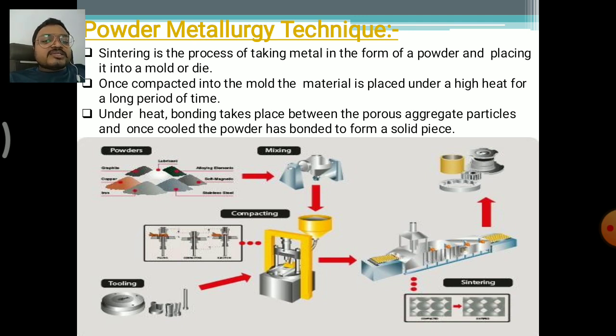Then by applying some heat on the compacting die, it is molded into the basic shape of the die, which we obtain on the sintering. So this is another process technique used for the manufacturing of FGM.